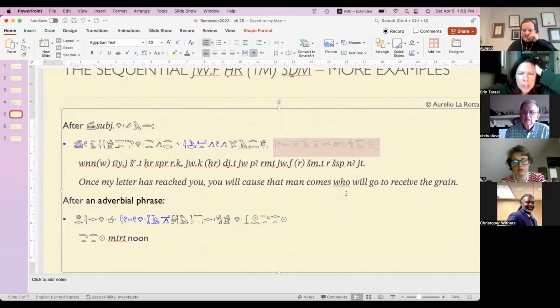Why can't it be a sequential? Why can't it just be, and he will go to receive the grain? Maybe it could be. Because it's an infinitive, right? So it could be. You're right. I'll have to check Černý-Groll. At this point in time, I don't know. I'm a bit agnostic on that.